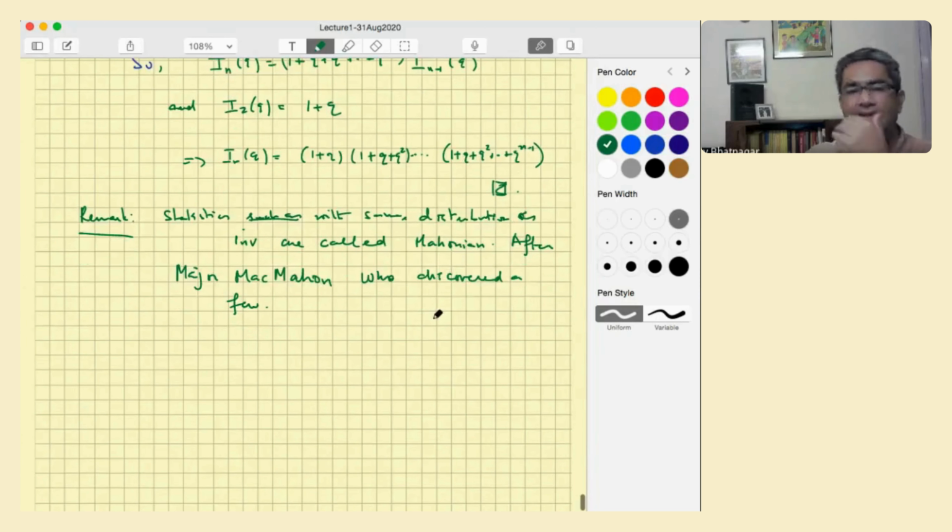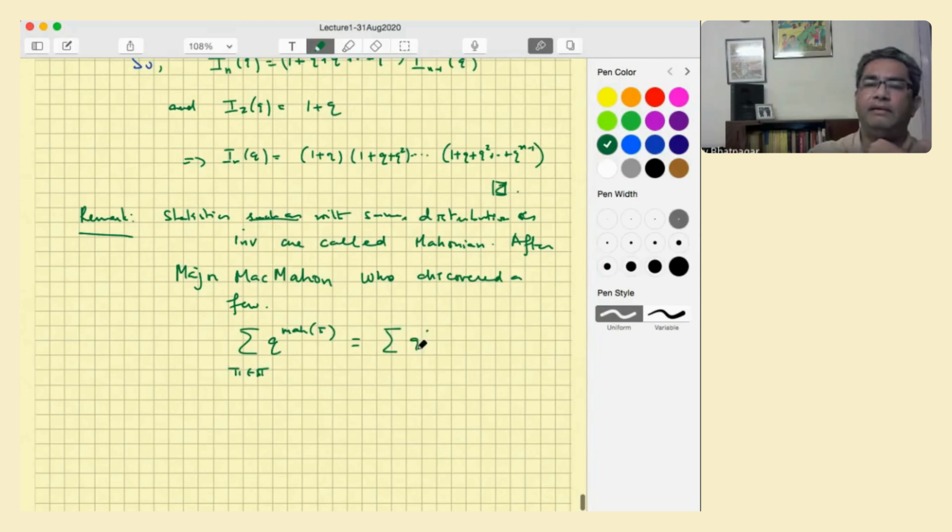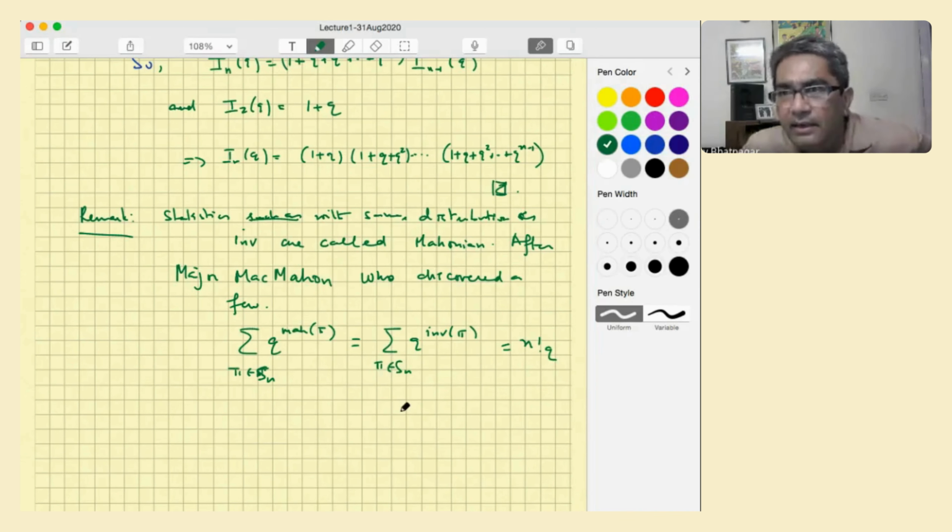So what am I saying? Inversion is a statistic, and there are more, q raised to the power of some other statistics. This one, the major index, turns out to have the same distribution as the inversions, which is n factorial q. This is quite remarkable, that there is a different statistic with the same distribution. And Major MacMahon discovered them first, so they're named after him.